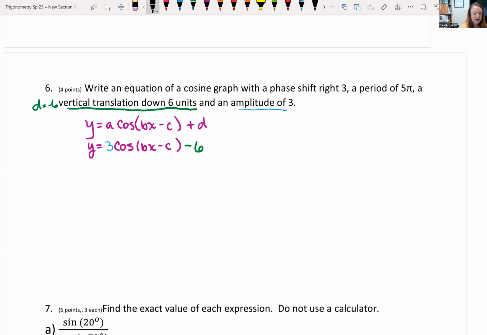Recall that the length of the period was equal to 2 pi divided by b. We're given that the length of our period is 5 pi. So we know that 5 pi has to equal 2 pi over b.